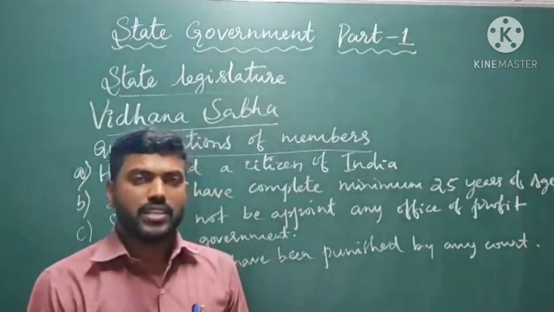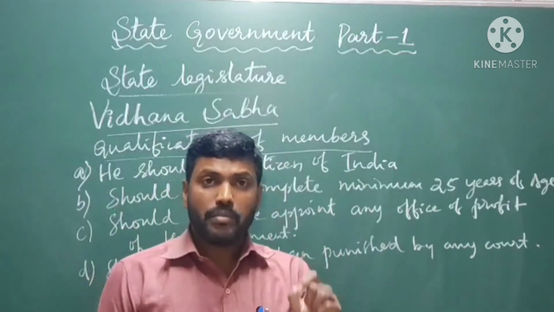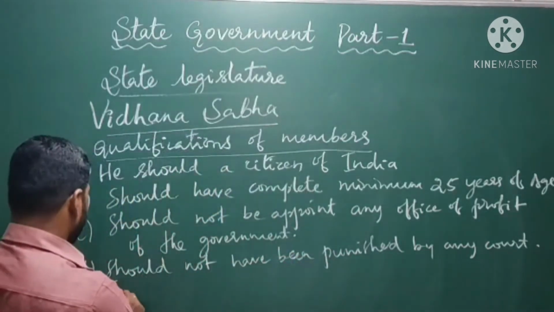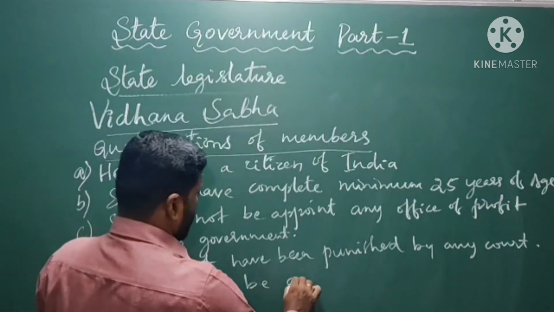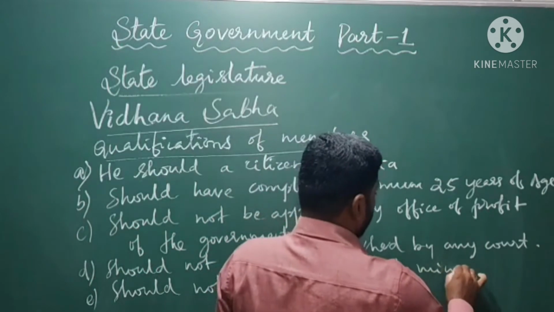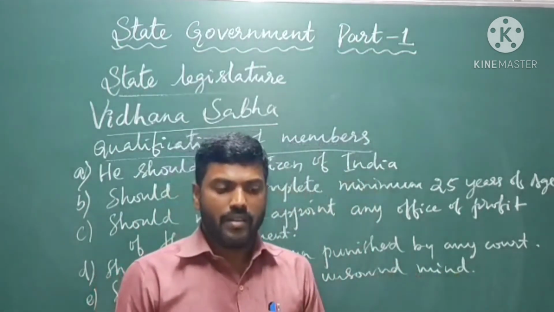That is one more qualification required to become a member of Vidhana Sabha. And should not be a person of unsound mind. That is one more qualification required to become a member of Vidhana Sabha.